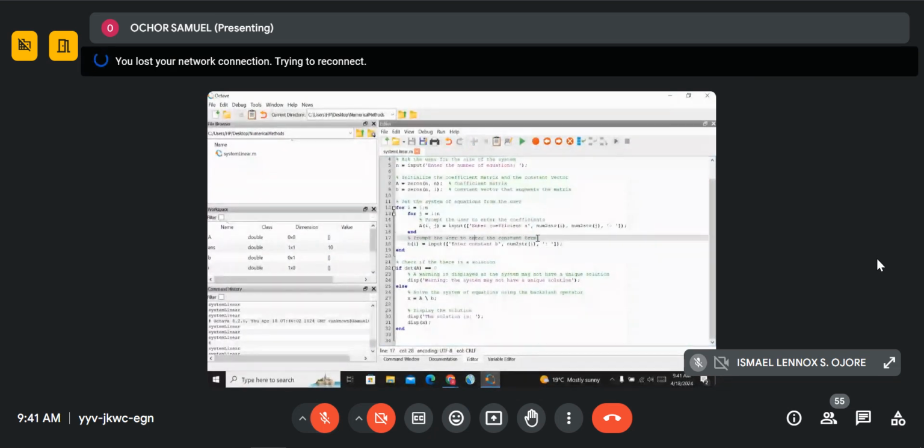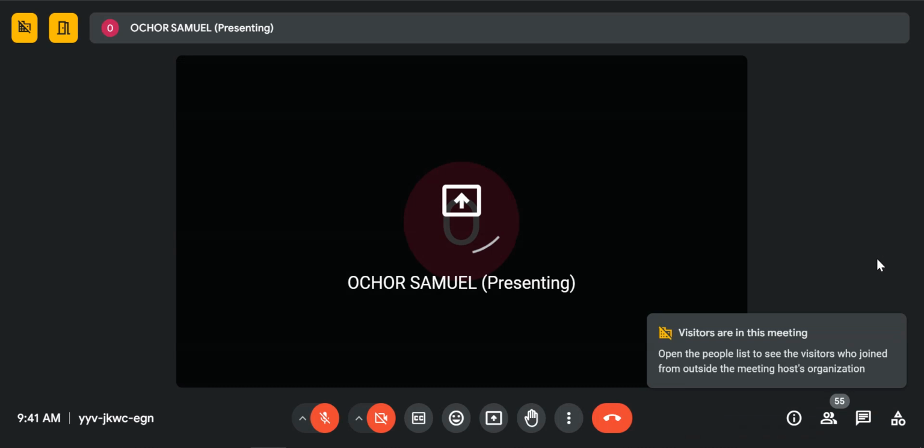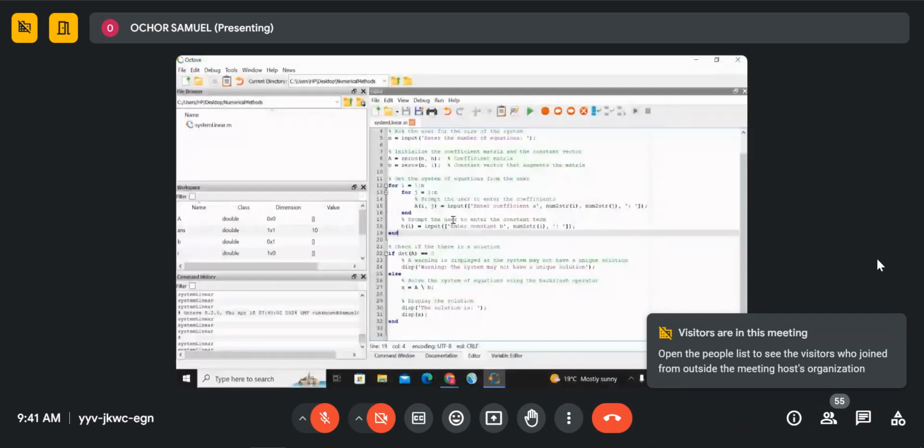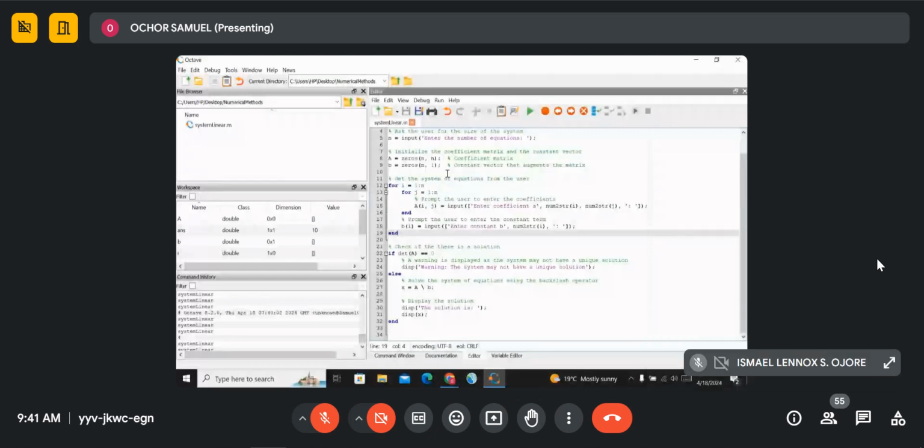Then here you prompt the user to input the constant terms that we will use to augment the matrix. And then here, remember from our last class, we saw that if the determinant is 0, there might not be a solution. Otherwise, we'll solve.